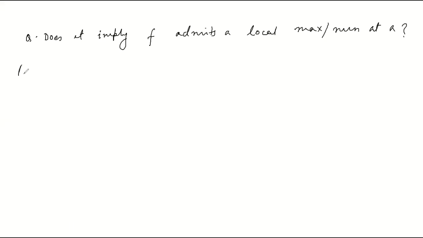So this is the question. The answer to this question is no. So we need to give some evidence, some counterexample. Example 1. Here we give 2 examples. First we consider a real valued single variable function, let's say f of t equal to t^3.